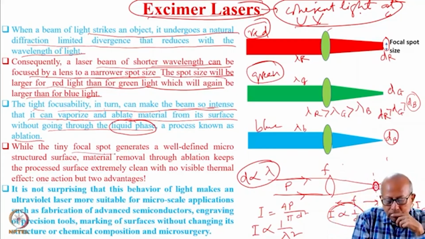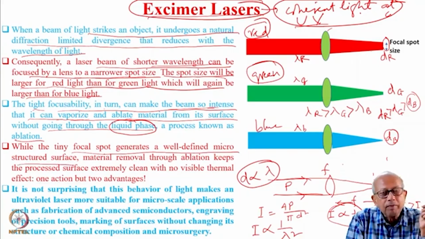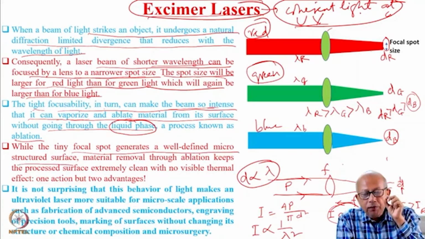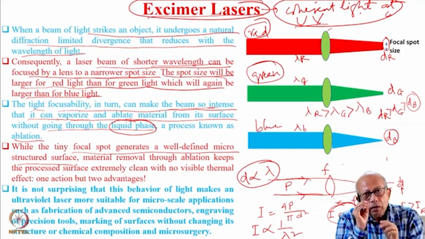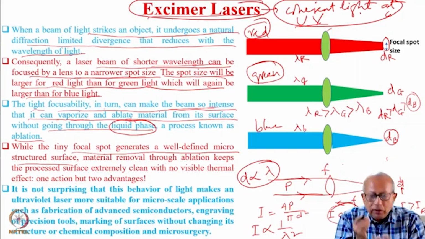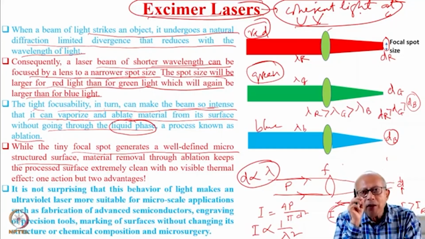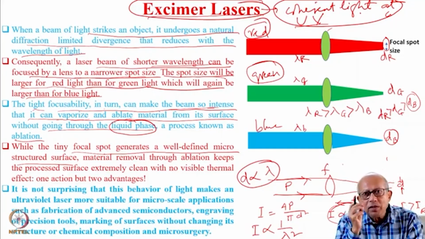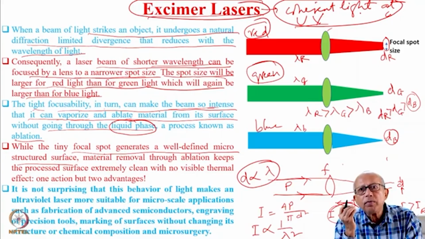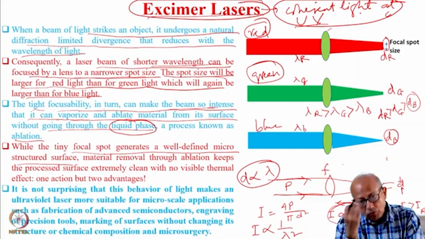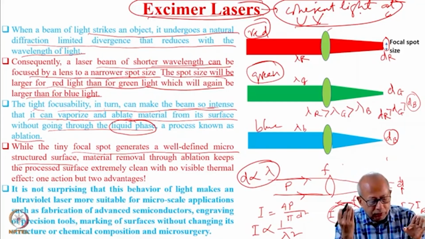The tiniest focal spot generates a well-defined microstructured surface, because if you reduce the focal spot diameter, then you will create a micro hole. As you ablate material, you create a micro hole because your focal spot diameter is very small, by reducing the wavelength. So you can create micro holes through ablation on a material surface.